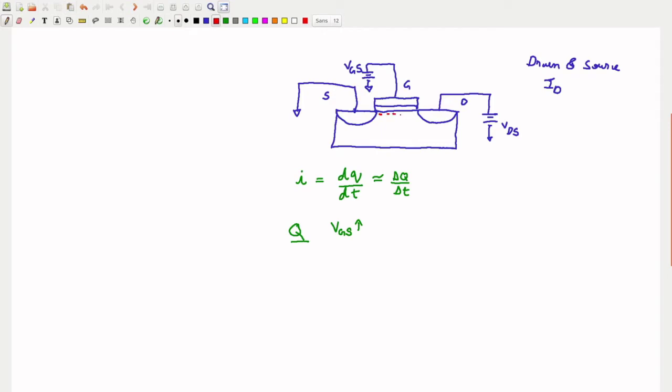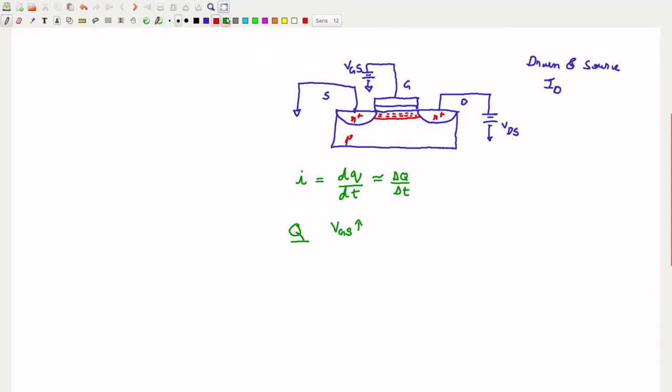There will be electrons coming, because you know, if this is the N plus region and P is the substrate, on increasing the VGS, we will have electrons forming a channel between drain and source. We have a channel at the area between source and drain.